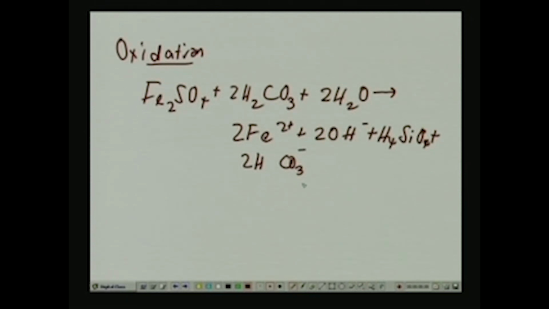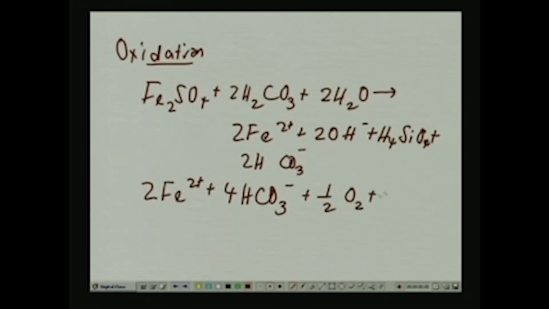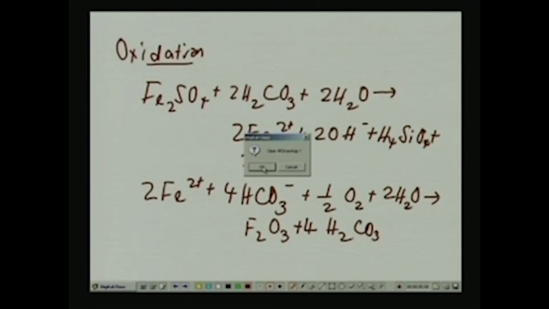Okay, and then you also have this self-generating set of reactions in which one reaction actually instigates the other, and what you end up with in this case is ferric oxide and carbonic acid. Now, this is an example of an oxidation process, and this is one of the very major reactions that leads to the development of acidic runoff from sulfate containing rocks, and it could be natural or it could be because of dumping of sulfate containing rocks.